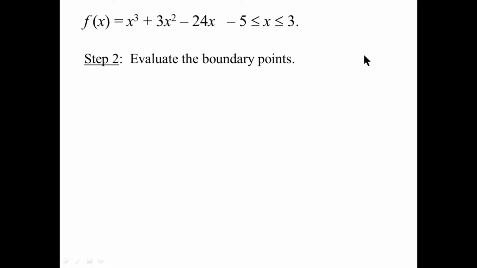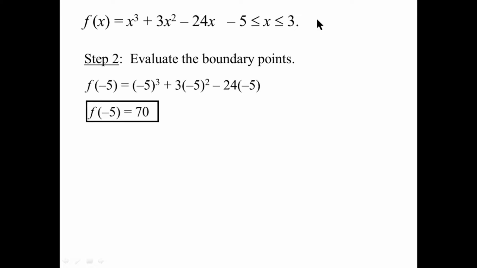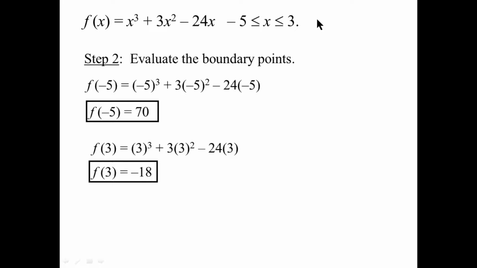Next, evaluate the boundaries, and that will be y when x is -5 and y when x is 3. So f of -5 is 70, and f of 3 is -18. So our boundary points are -5, 70, and 3, -18.